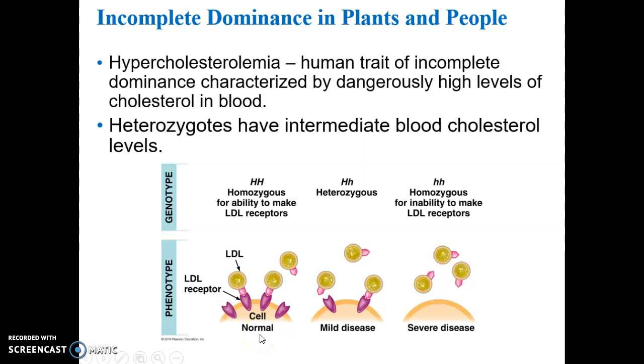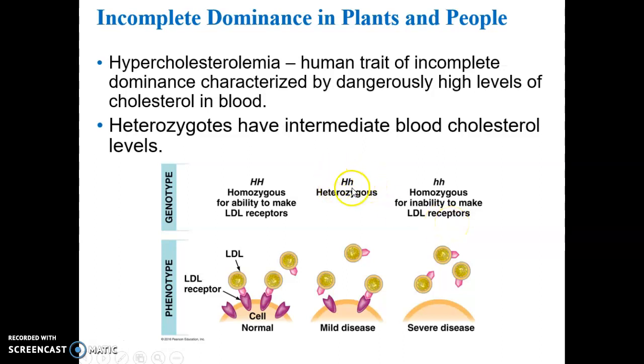So the phenotype is that you have normal amounts of cholesterol in your blood. You can think of this as the healthy, normal condition. On the other end, if you're homozygote recessive, you do not make the LDL cholesterol receptors, and you have severely high levels of cholesterol in your blood, and you're severely diseased. You'll have some serious cardiovascular problems as you age.